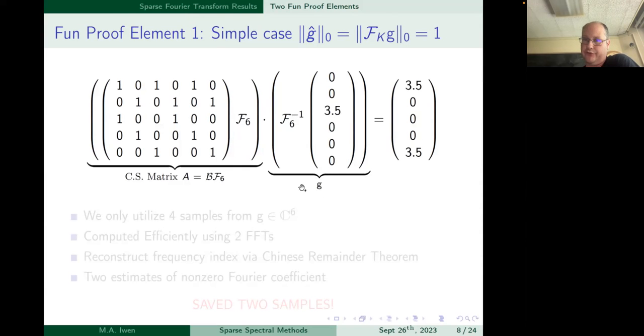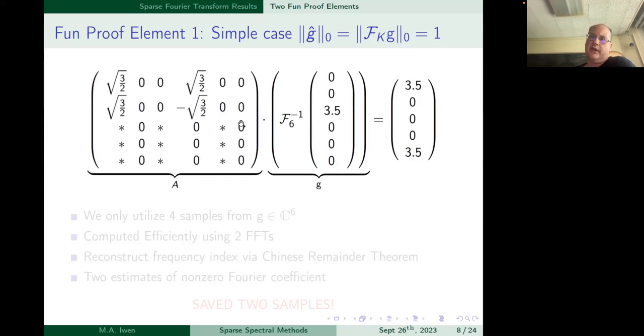And over here I have a modified compressive sensing matrix, which is my previous one times the discrete Fourier transform matrix. I can further simplify this by noting that each one of these rows is like a discrete spike train that I'm multiplying by a DFT matrix. So there's going to be a lot of structure when I multiply them together.